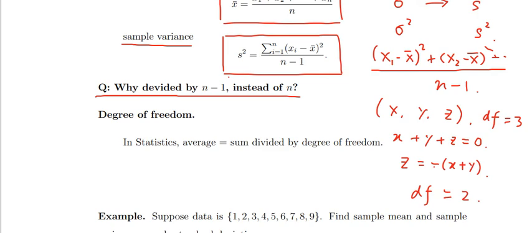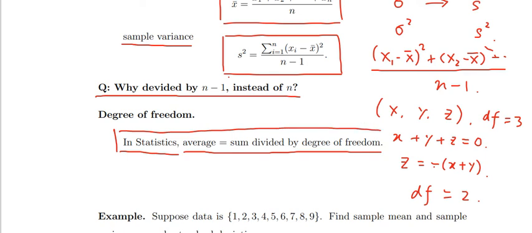So in statistics, the mean or average is equal to the sum, add them up, divided by the degree of freedom. So not always divided by n, but divided by degree of freedom.